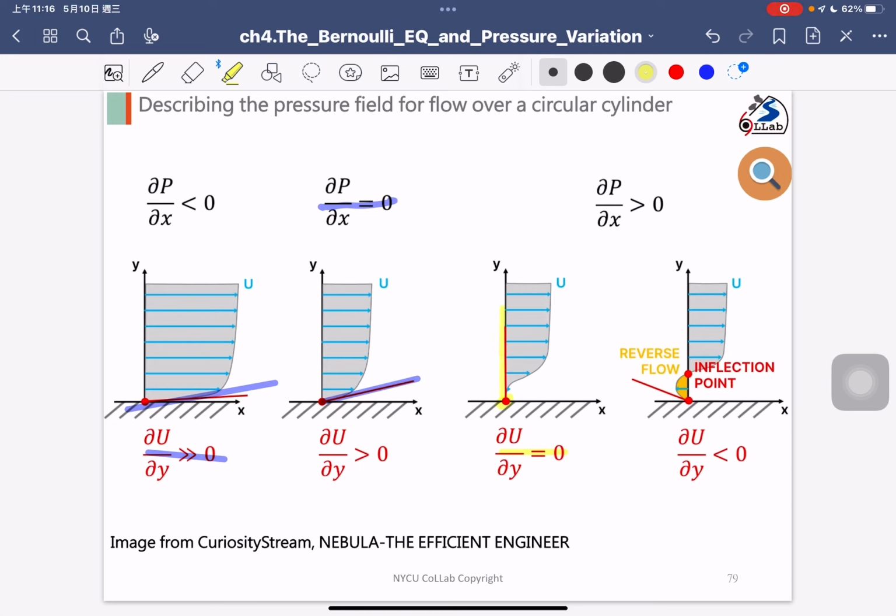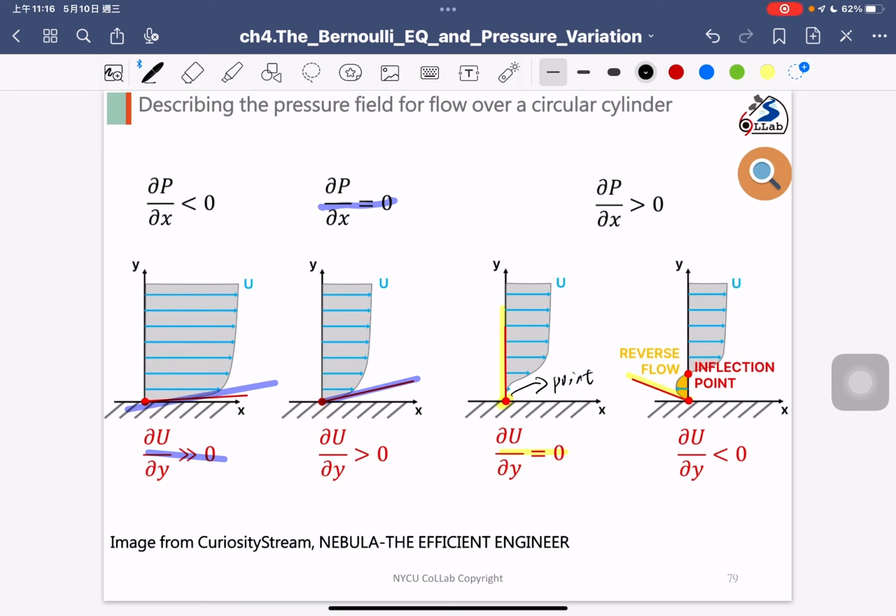After these conditions, we will see the reverse flow, and we call that region the separation flow. This is the point where we observe the flow start to separate. So this is the condition when the flow will start to separate from the object.